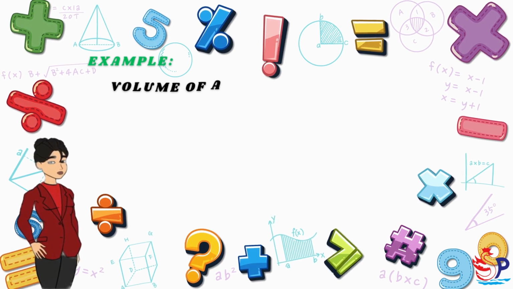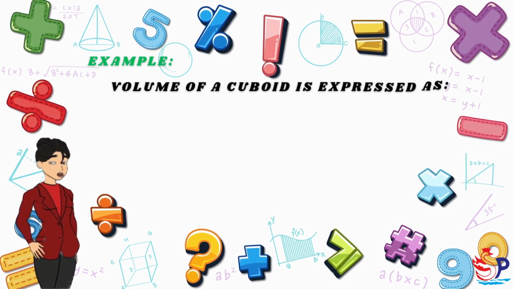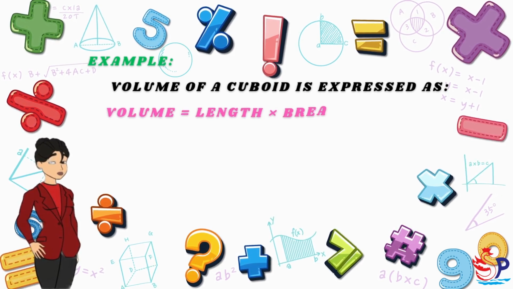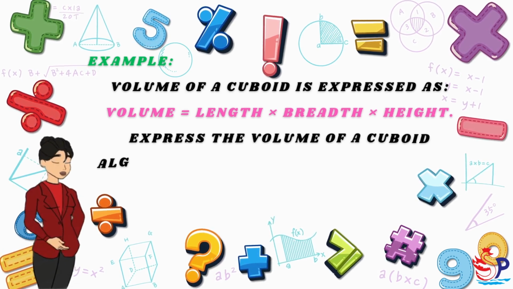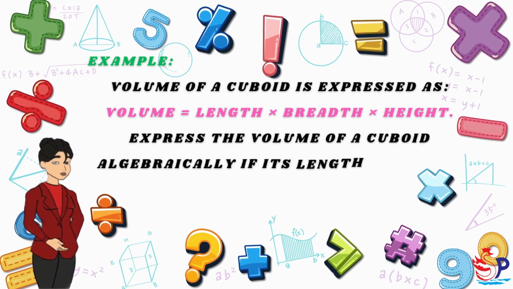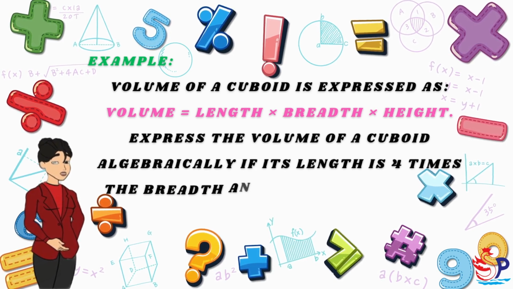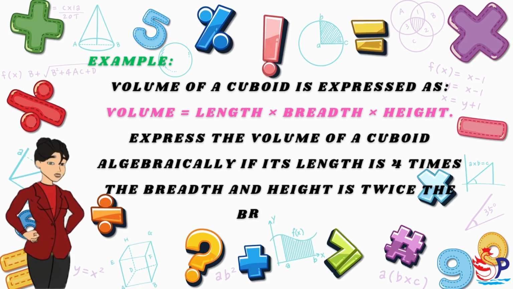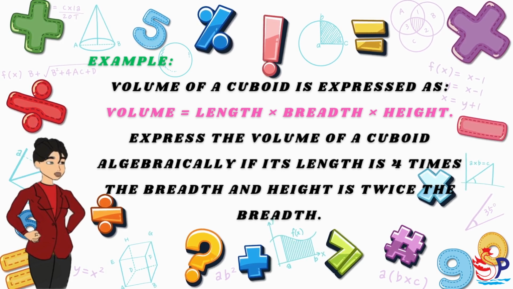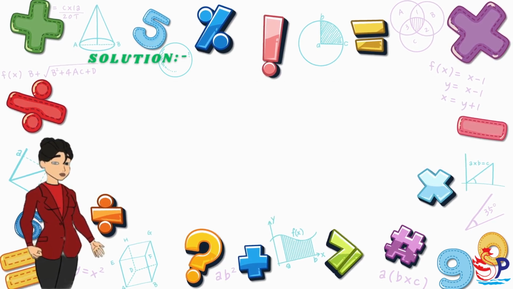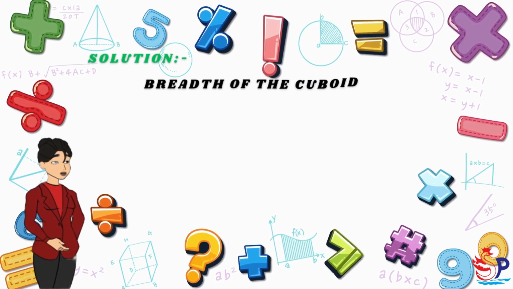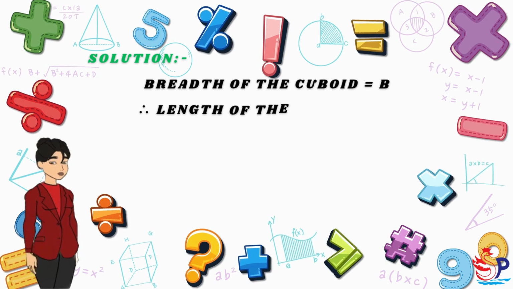Example, volume of a cuboid is expressed as volume is equal to length multiplied by breadth multiplied by height. Express the volume of a cuboid algebraically if its length is 4 times the breadth and height is twice the breadth. Solution. Breadth of the cuboid is equal to b.